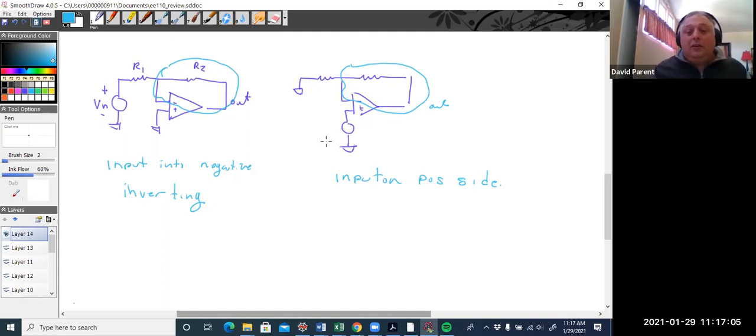So if you look at it and say, oh, input is coming in through the negative side and this is tied to ground, I see some feedback here, inverting. Oh, input's coming in on the positive side, but I still have a resistor network up here, non-inverting. Well, then you can go about your business.